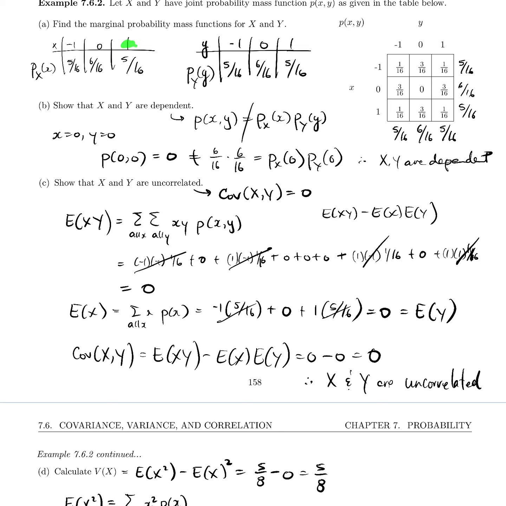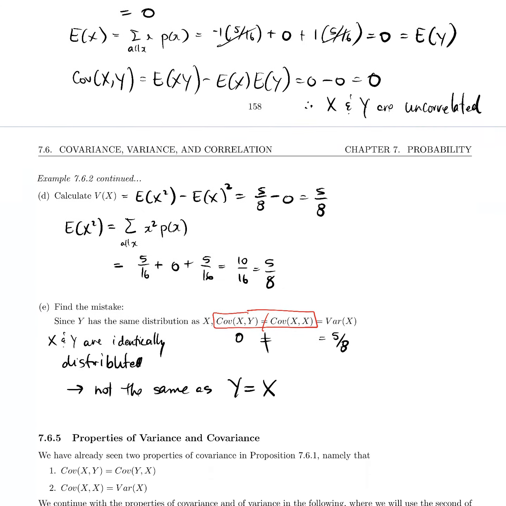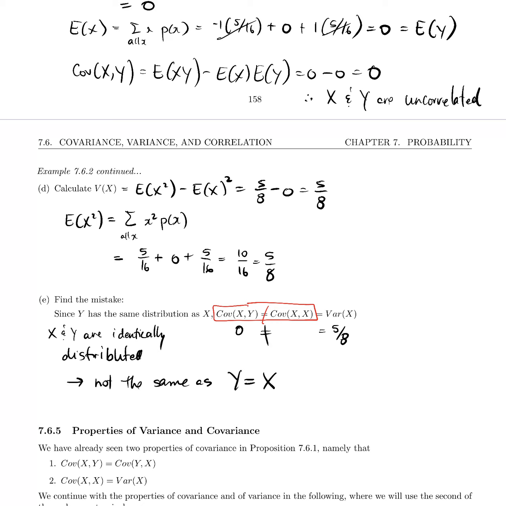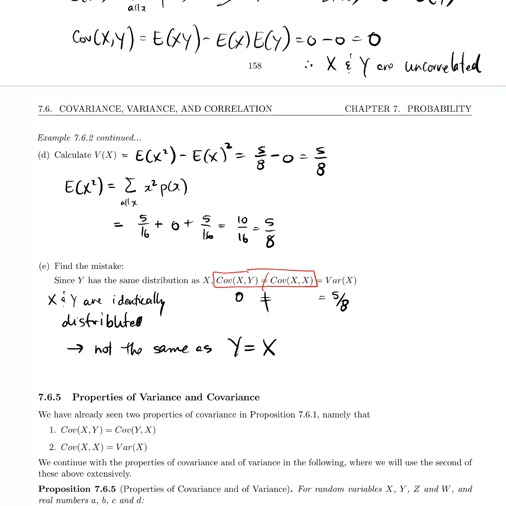You could have x being 1 and y being 0, or x being -1 and y being 1, right? The probabilities attached are the same. They have the same distribution, but that does not mean that they are the same random variable, that there's a relationship of equality between them. And that's what you would need to be able to make this assertion. So the mistake here is thinking that being identically distributed means the same thing as being equal.